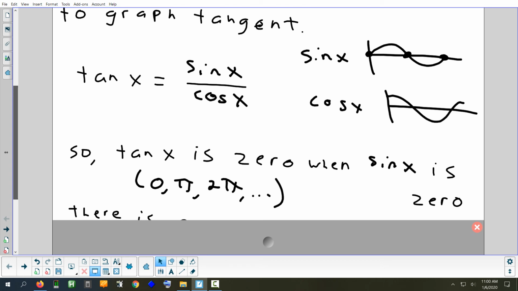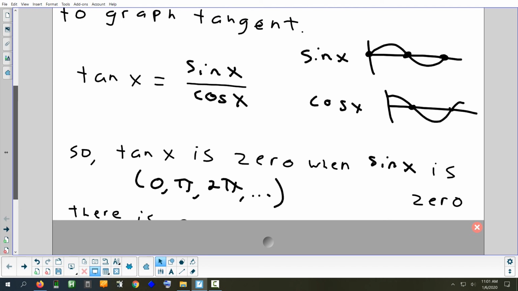Now, Zach said something else when I asked the question, how can a fraction equal 0? He said something about the bottom equaling 0. How about, Caleb, what function is in the bottom of that fraction? Cosine. And does cosine ever equal 0?